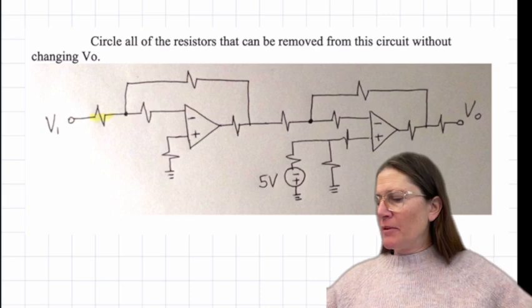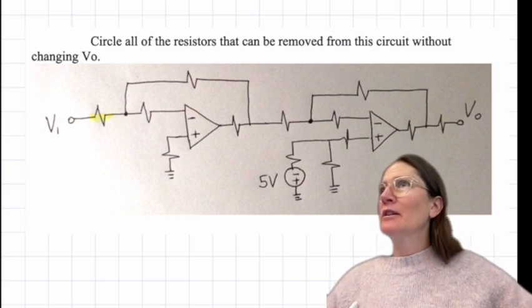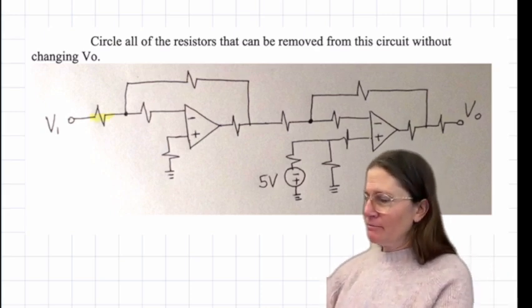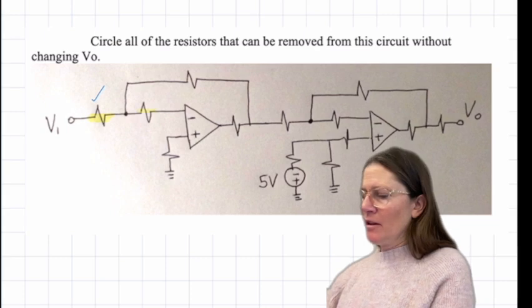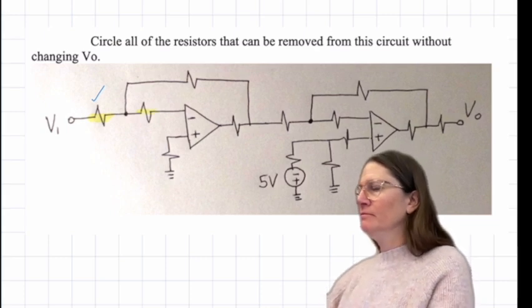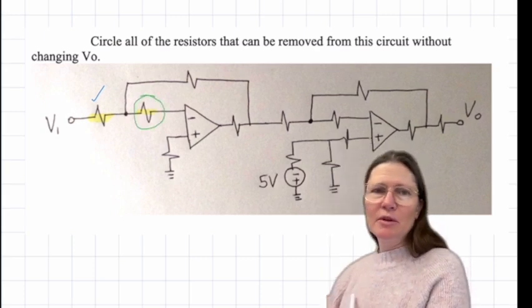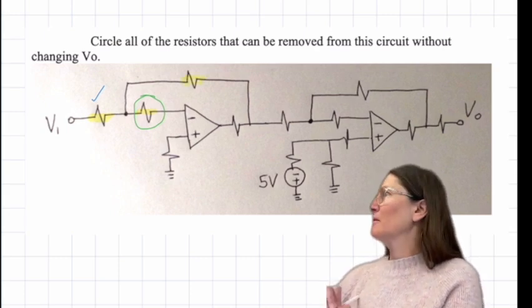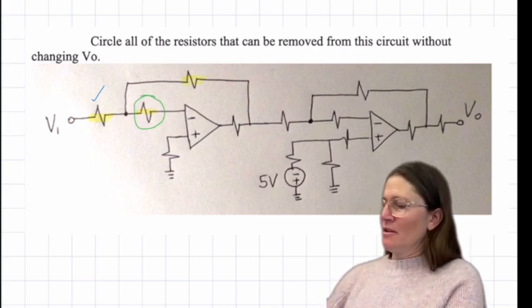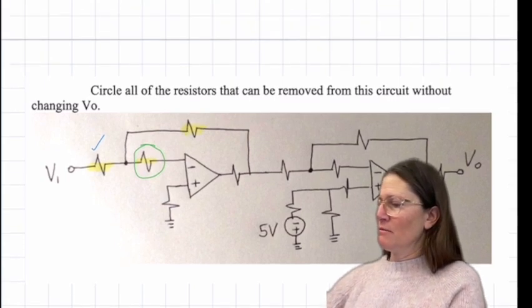Okay, what about this one? Do you need it? So yes, we need that one. This one? Correct, we can remove that one. What about this one? So we need that one.